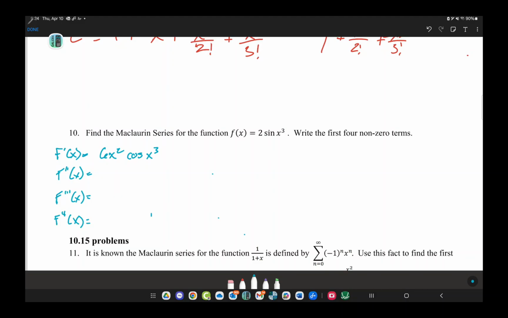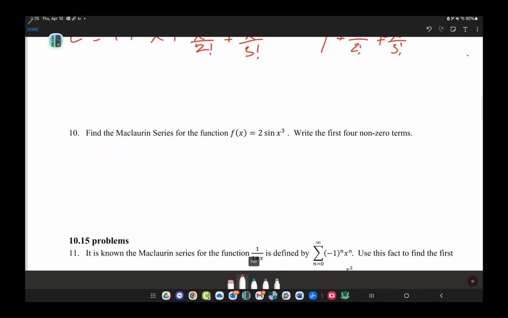Wouldn't that be product rule? Negative 7 x cubed sine. No, wait. We're doing this all wrong. Sorry, I didn't think about it.